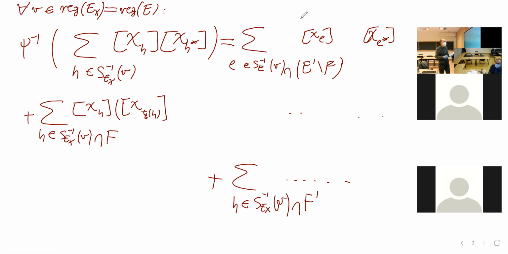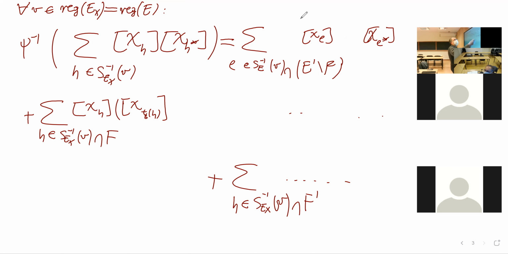That's just notation. This is the result of applying psi inverse. The set is exactly the same, but we should remember that E is a subgraph of EX. And now we are doing it in this subgraph, so let's change the notation to make sure that we remember that we are now in the graph E, not in the graph EX.